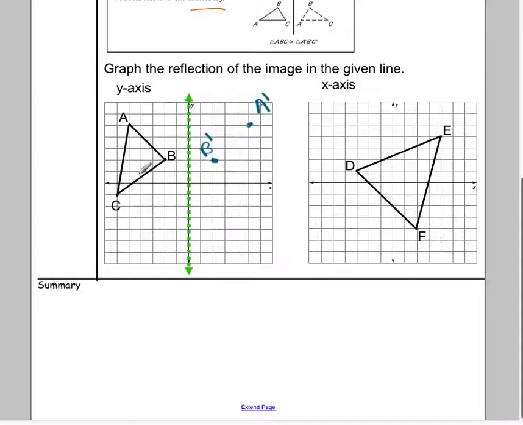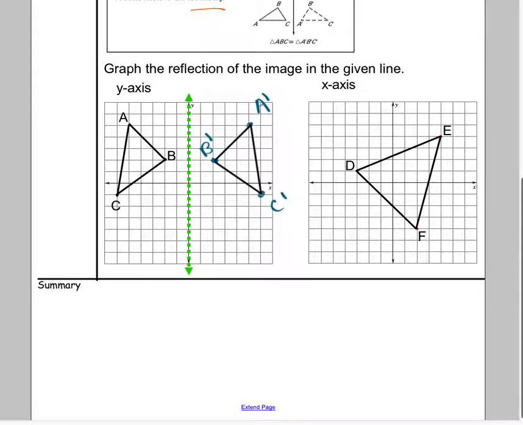There's A prime. And then C is 1, 2, 3, 4, 5, 6 away, so 1, 2, 3, 4, 5, 6 on the other side, and there will be C prime. And then you connect. And that's all you do.